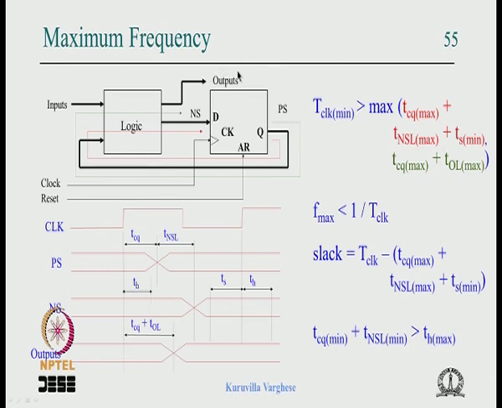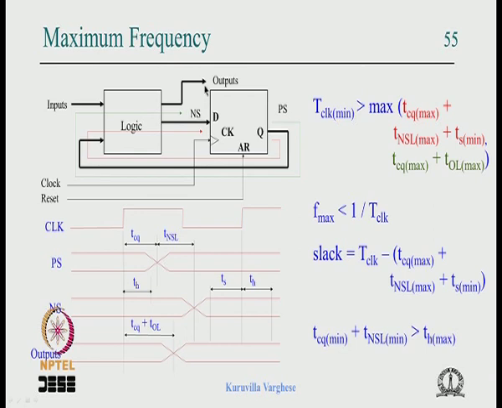So in such cases, for completion of the analysis, you have to consider the complete path from this register through the output logic, through whatever combinational circuit follows, up to the next input of the register. Okay. The complete path, then only you will get the picture.